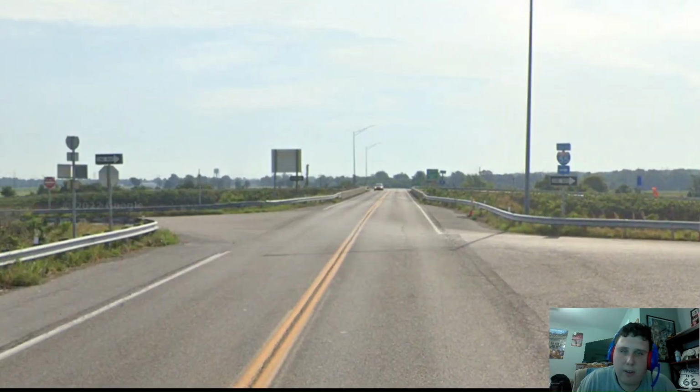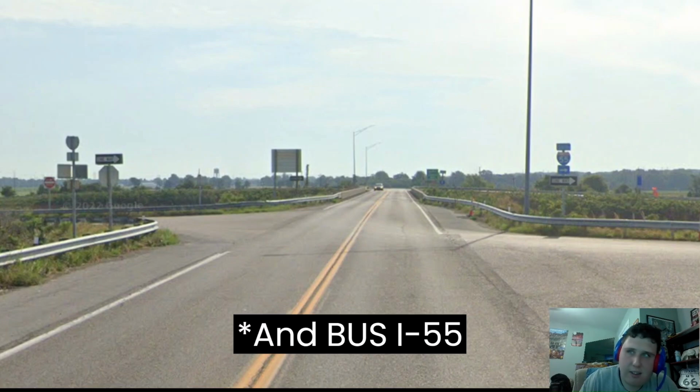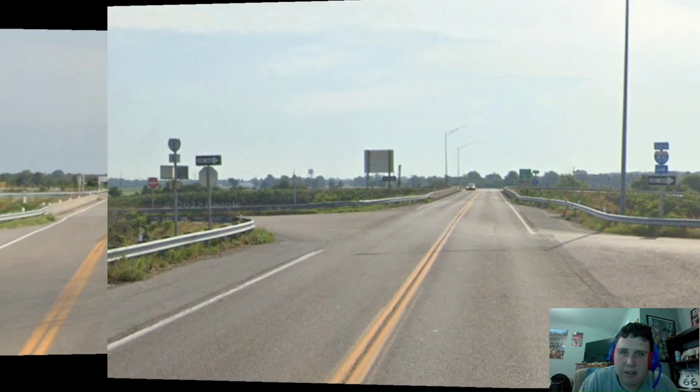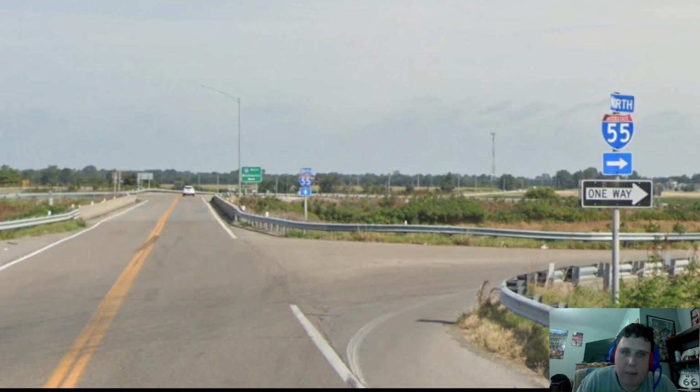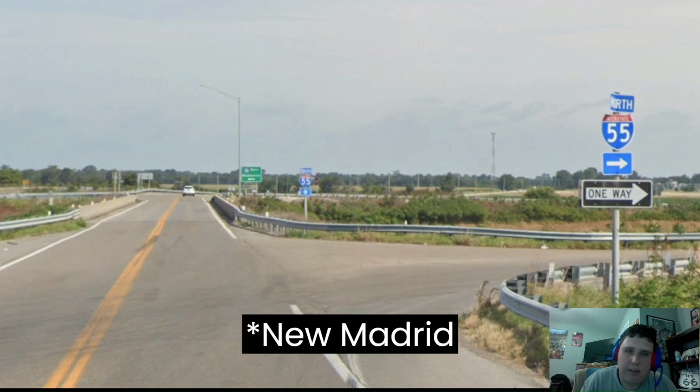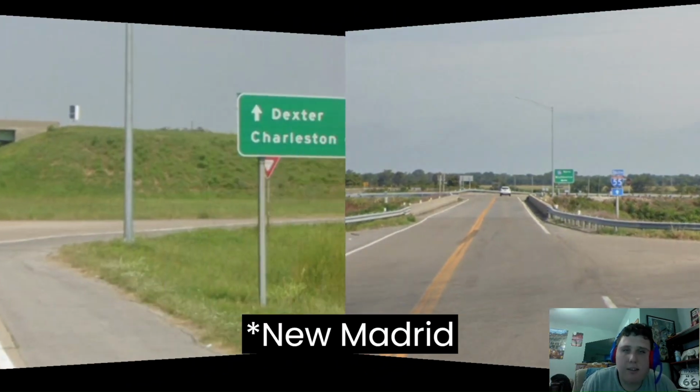Here we are meeting Interstate 55 at a totally boring interchange. There's literally nothing around here. And we pass through a small town and meet Interstate 55 once again. The reason is because 62 and 61 actually carry the business Route 55 through, I believe it's Madrid, Missouri.